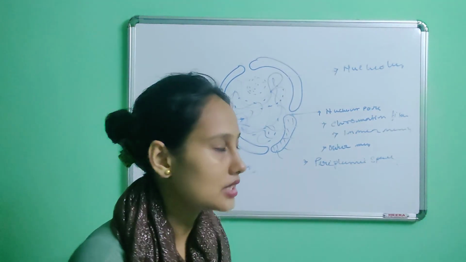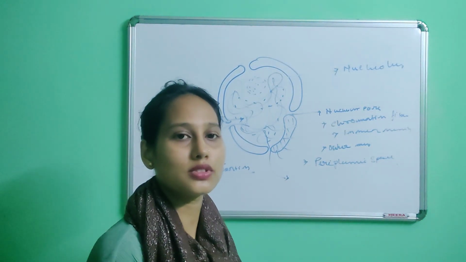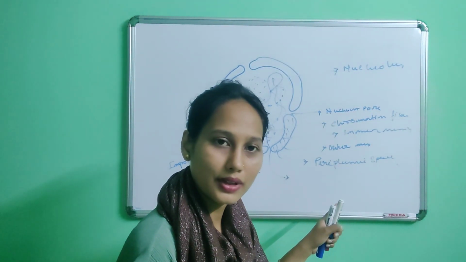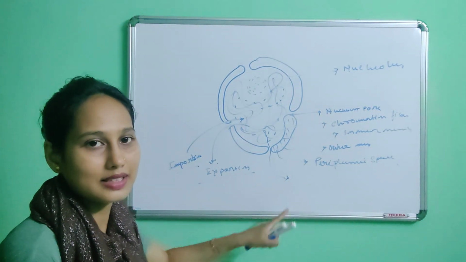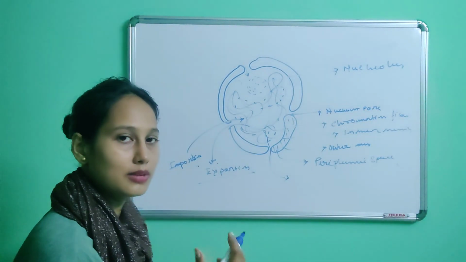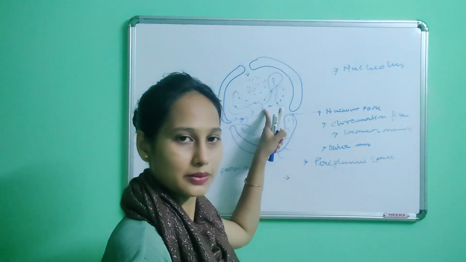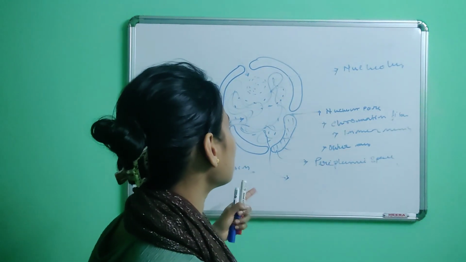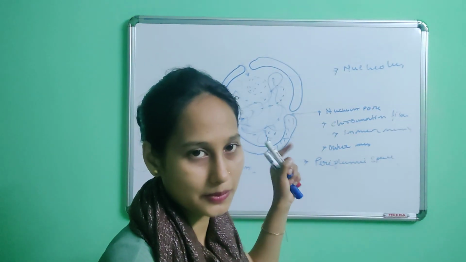So it's important that transcribed RNA is exported from the nucleus to the cytoplasm so it can be translated. Some proteins required for replication, transcription or ribosome biogenesis must enter the nucleus.